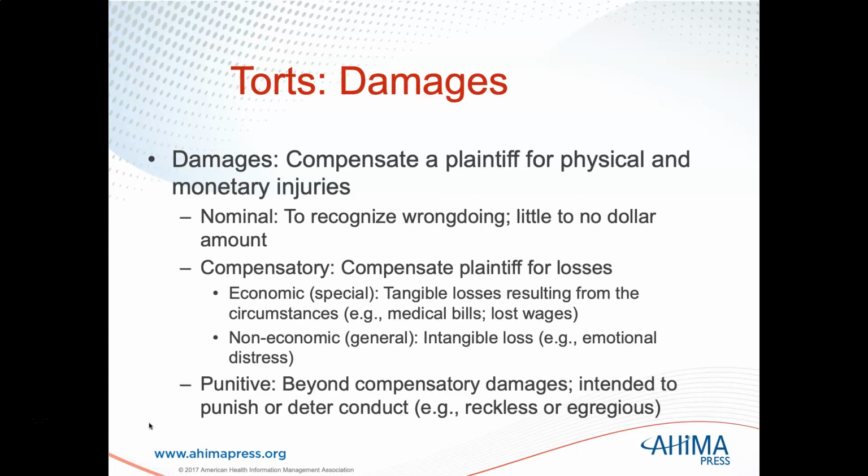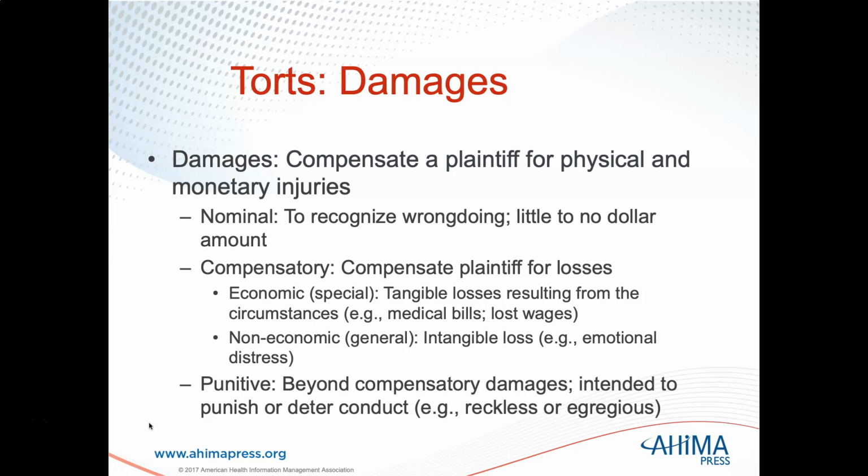Damages. These compensate the plaintiff for physical and monetary injuries. And there's a couple of types of damages. You can have nominal, which is basically nothing. It recognizes wrongdoing, but there's no money there. There's compensatory, where you look at what did the plaintiff lose as a result of their injury.